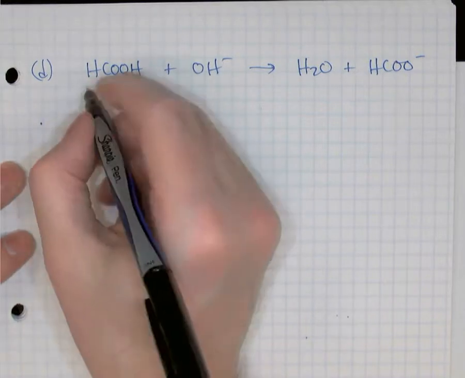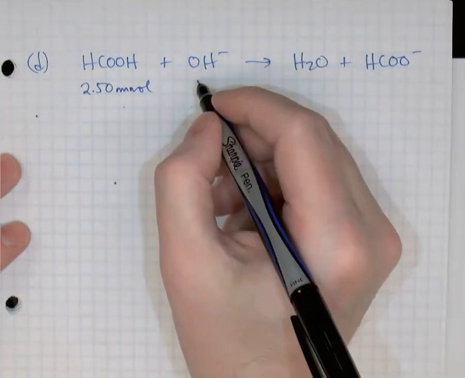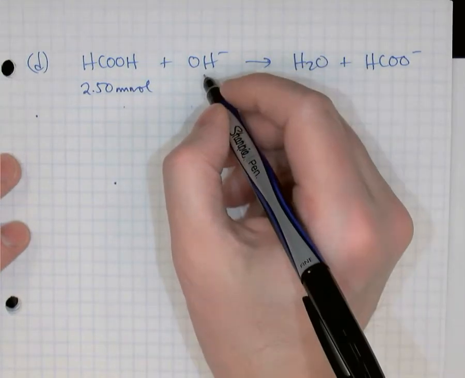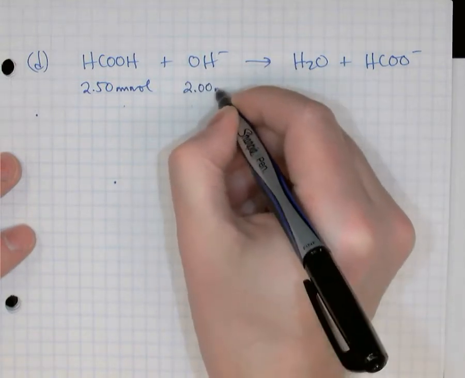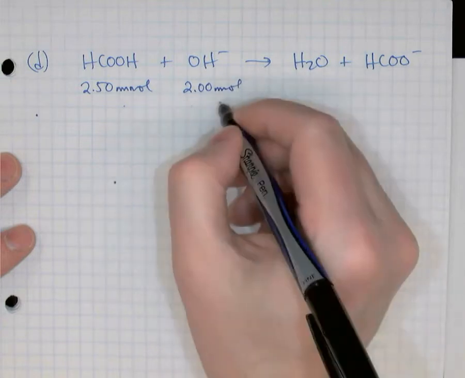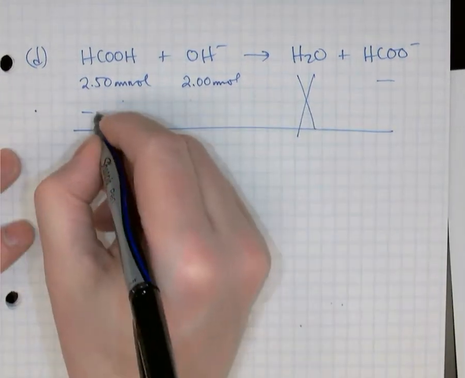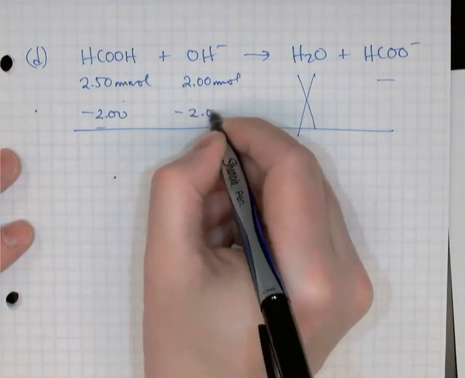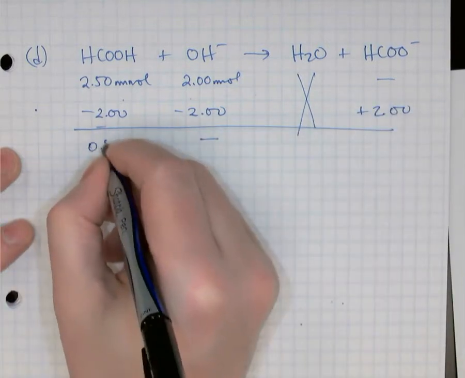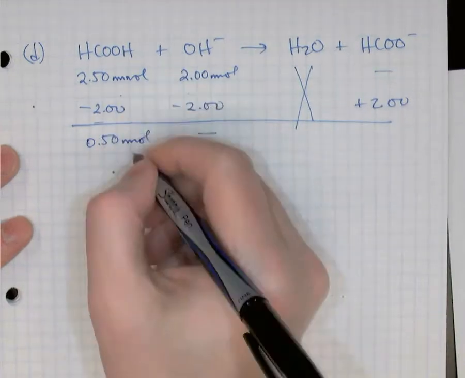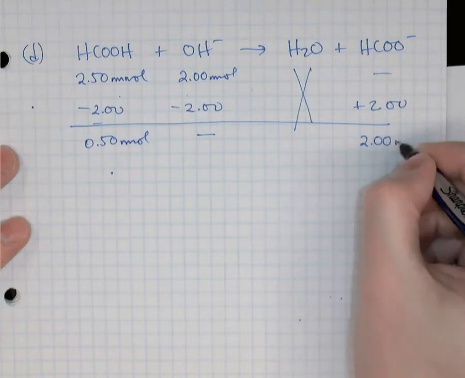We had 2.50 millimoles, and now C times V, we have 0.2 times 10, we've added 2 millimoles. So we're still before the equivalence point, but we're getting close now. Minus 2, minus 2, plus 2, 0, 0.5. We're almost out of acid right now, but we still have some, and we've got lots of conjugate base.